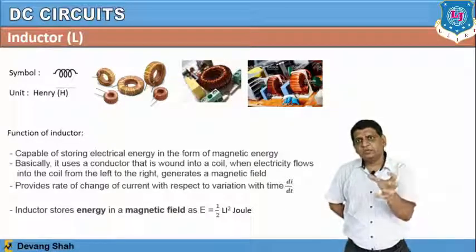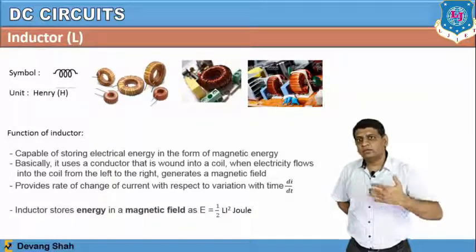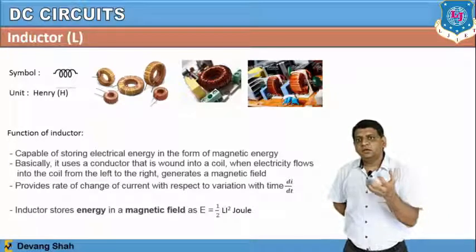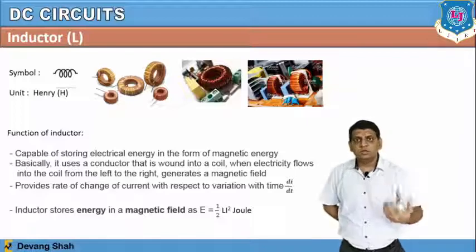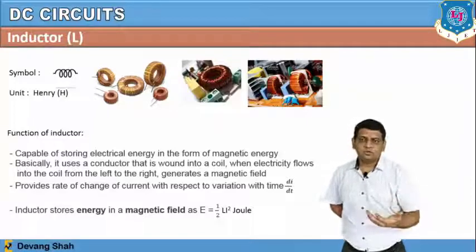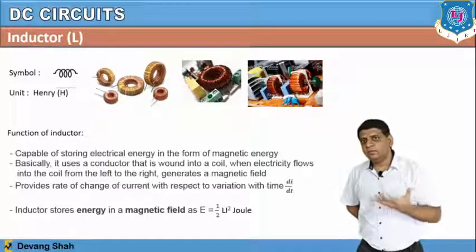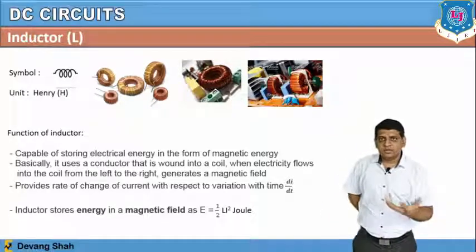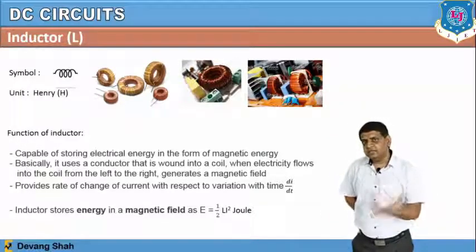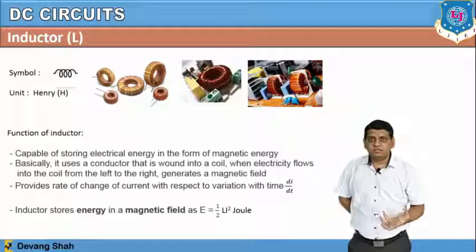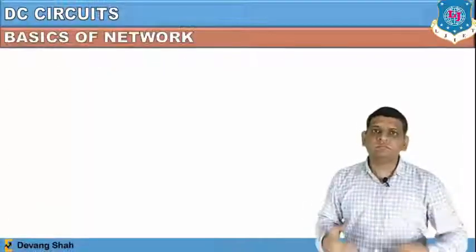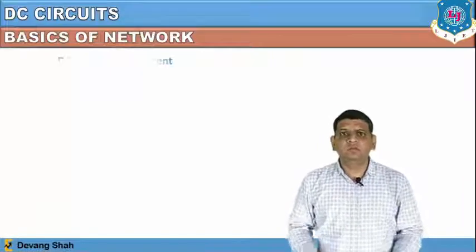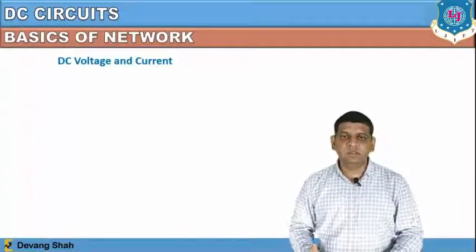Once you connect a capacitor in any circuit and apply DC, the charge on the capacitor opposes the applied voltage. These two factors, dv by dt and di by dt, are very essential to analyze or design any circuit, right?